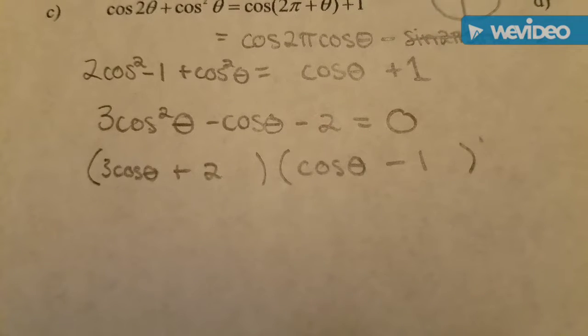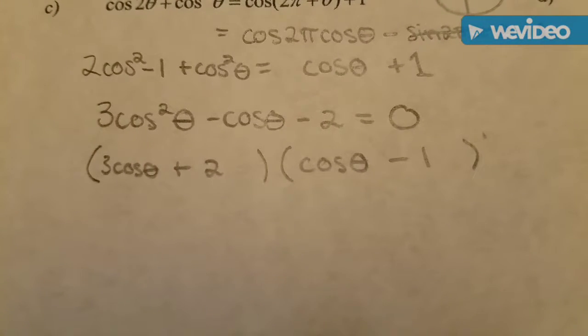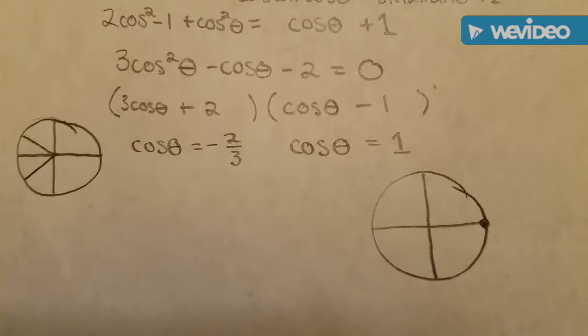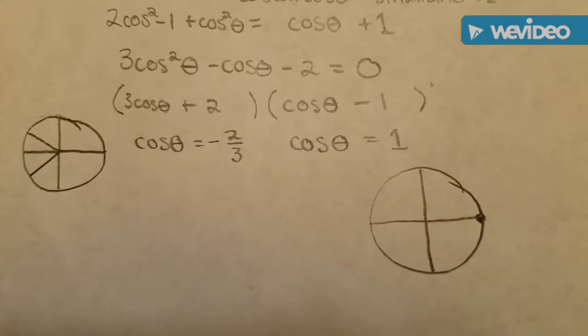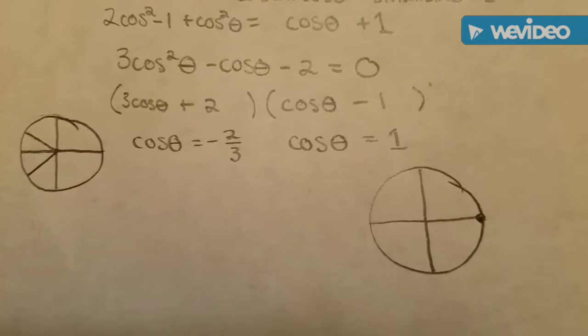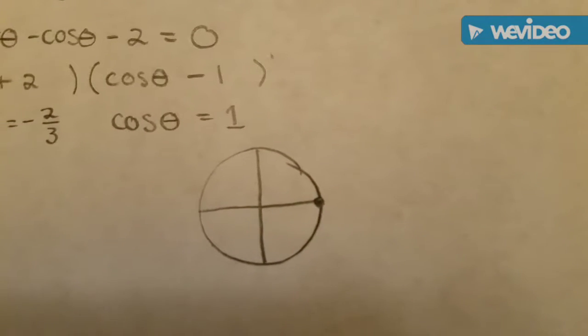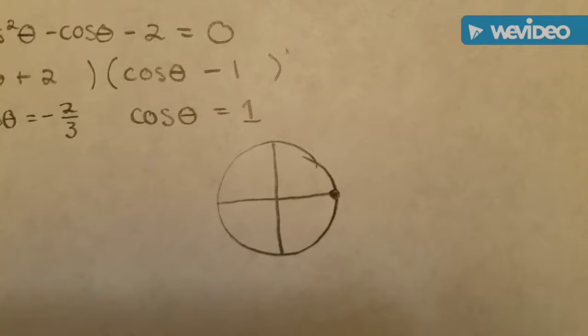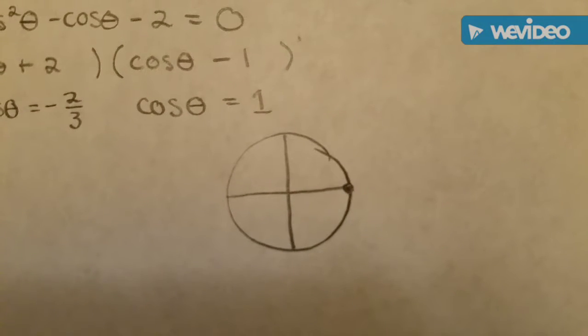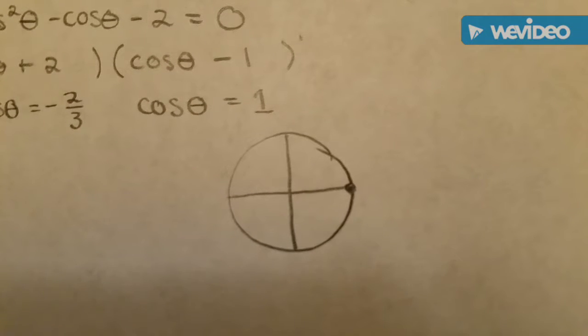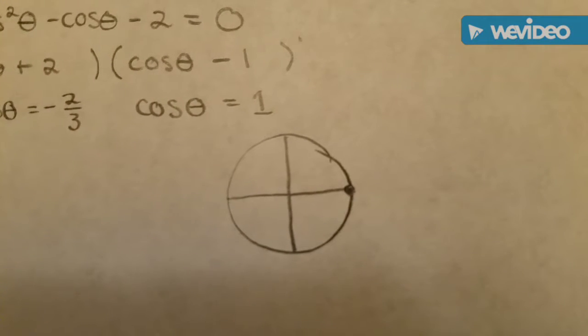Let's solve for cosine theta. So we end up with cosine theta equals negative 2/3 and cosine theta equals 1. So looking at cosine theta equals 1, because it's the easier one, we can mark it on our unit circle as being in the position of 0 and 2 pi.